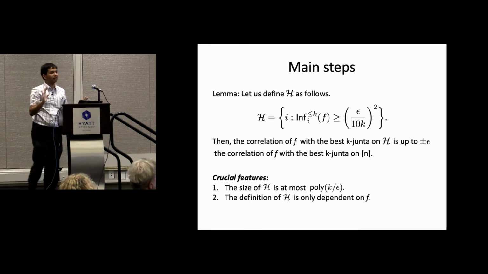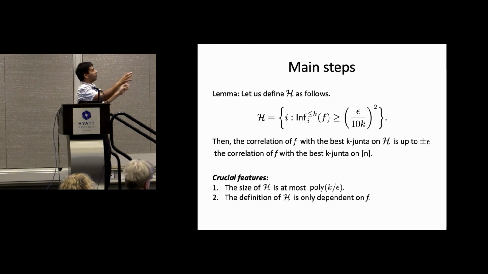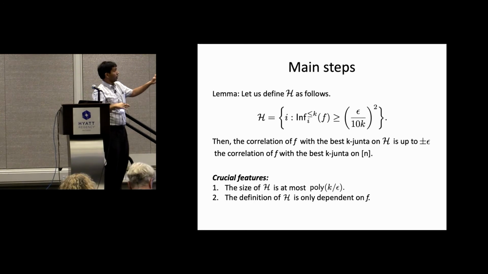It just suffices to look at this. So you don't need to think about the best k junta on all the variables. We just need to think about the best k junta on the variables in this calligraphic H.